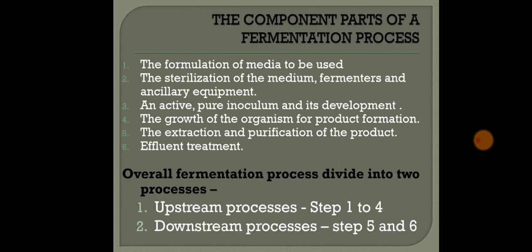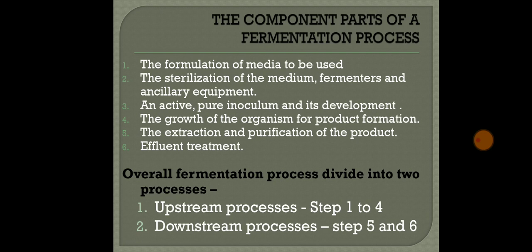Now, let's see the various component parts of a fermentation process. The fermentation process is divided into 6 steps. First, you are formulating the media. Second, you are carrying out the sterilization of the media, fermenter, and ancillary equipment.